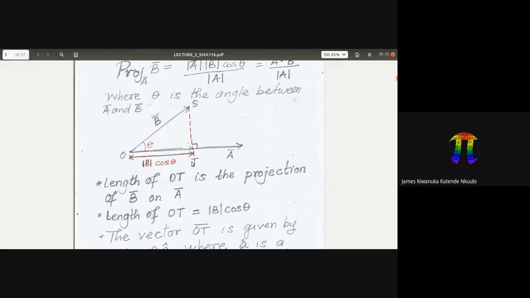Now, if you use Pythagoras theorem, the length of this hypotenuse is just the magnitude of B. So this length is exactly the same as the magnitude of B multiplied by the cosine of theta. So I can multiply this by 1, and the one that I pick is the magnitude of A divided by the magnitude of A.